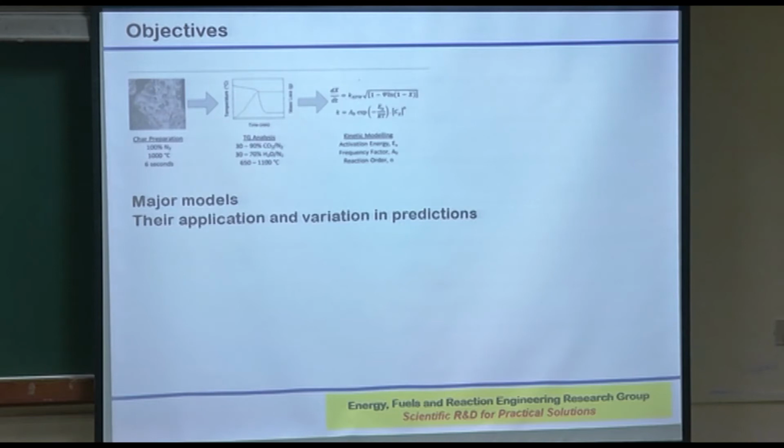That's enough, but in this case the objective was different. The objective was whether the existing models can predict reliably the reactivity of the char produced in a high heating rate equipment, which is in this case a drop tube furnace operating at 30.